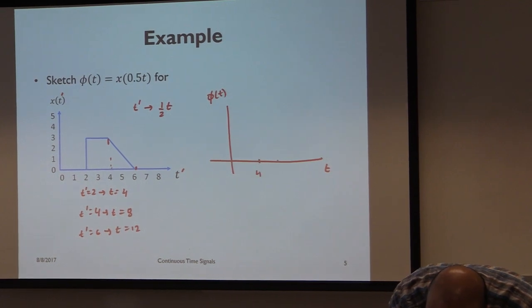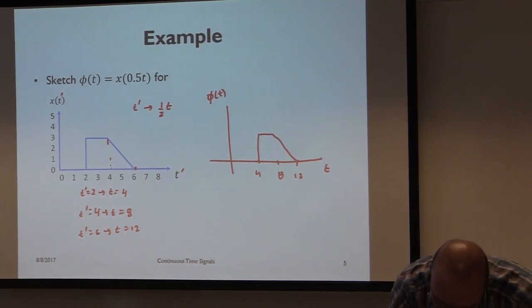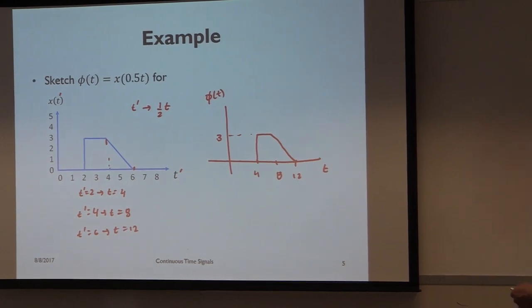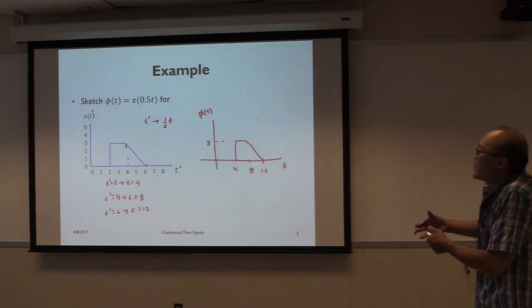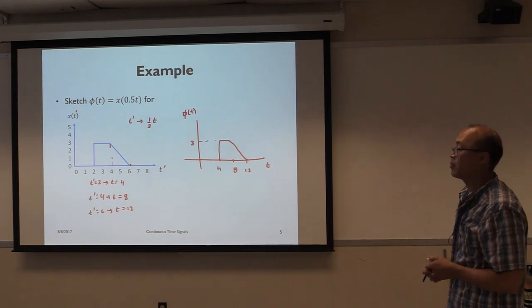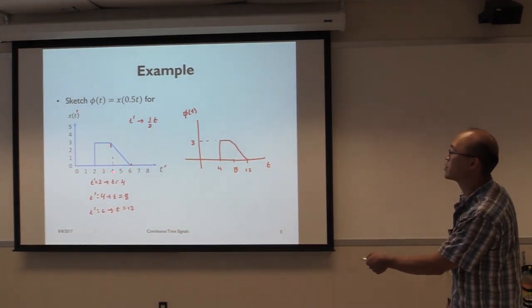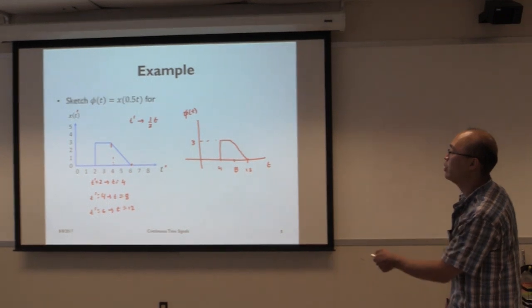I have here 4, 8, and 12, and I'll have this signal over here. And again, this maximum value is 3. So in this case, you can see that I am going to expand out in time my signal because it's occupying a total duration of 8, whereas the original signal occupied a total duration of 4 units.